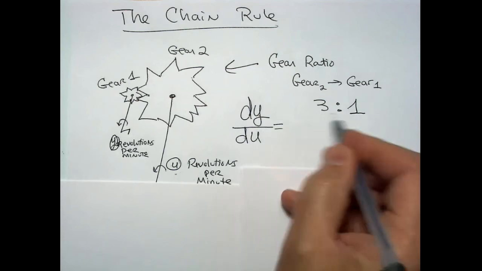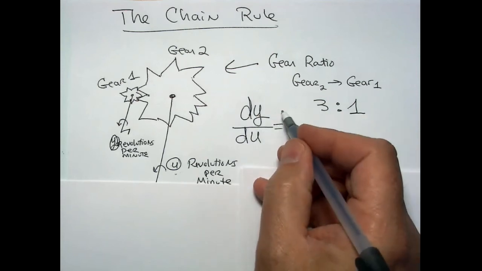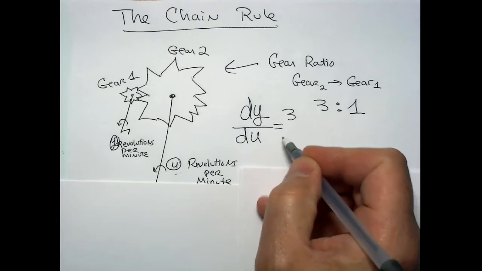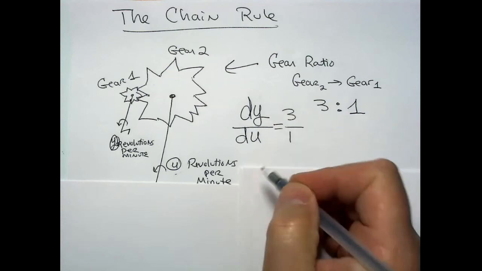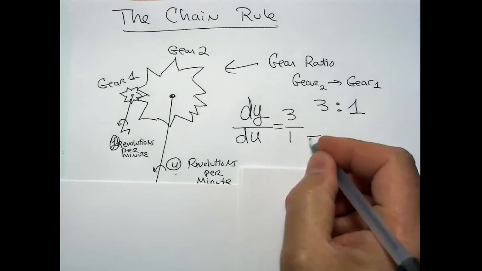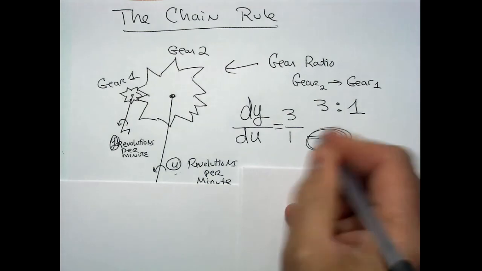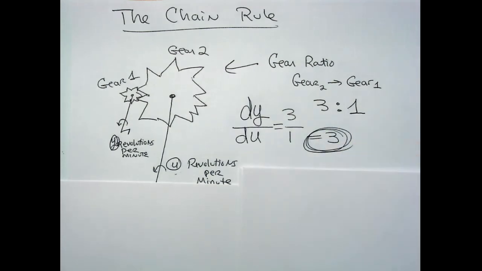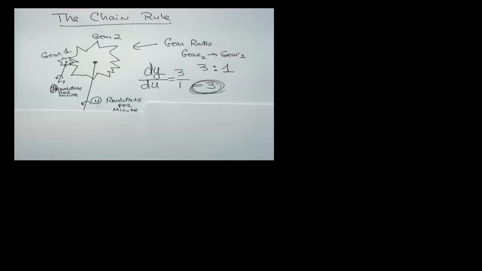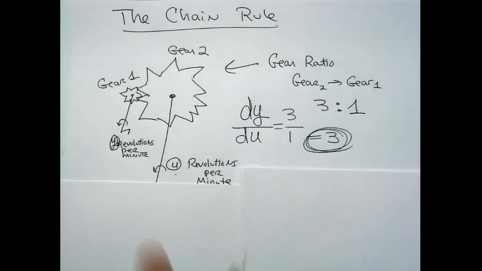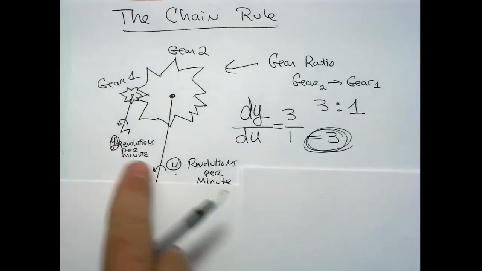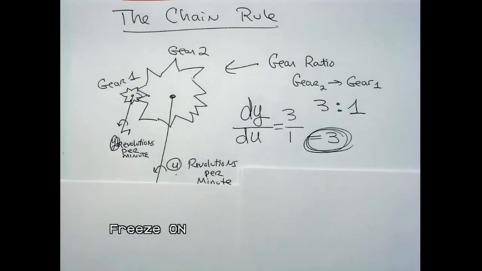Well, if that's a 3-to-1 gear ratio, I need 3 turns in y to get me 1 turn in u. So dy du would be 3. In this case, I need 3 turns to get me 1 turn. So 3 changes in y get me 1 change in u.